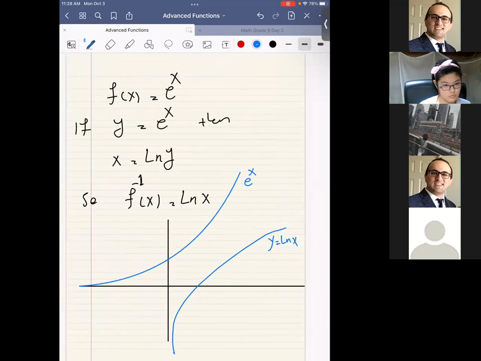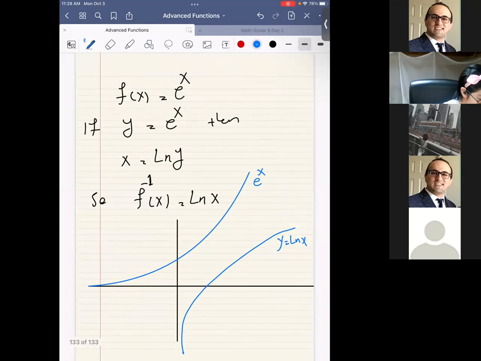Another thing, just to summarize. First of all, the domain of ln, or the domain of any logarithm, is the set of positive numbers. You see this from the picture.